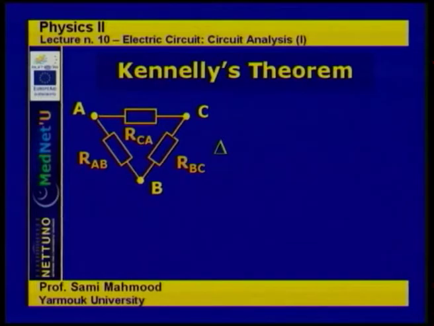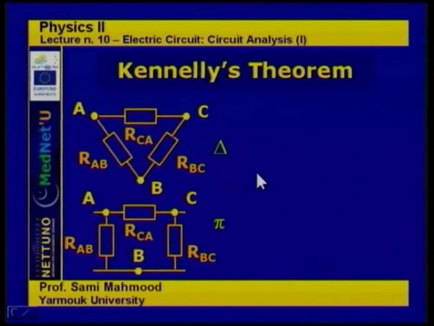RAB is the resistance between points A and B, RBC is the resistor between points B and C, and RCA is the resistance between points A and C. This is the so-called delta configuration. It can be drawn in a different way, and this is called the pi configuration. Notice that this is exactly the same circuit, but drawn in a different way.